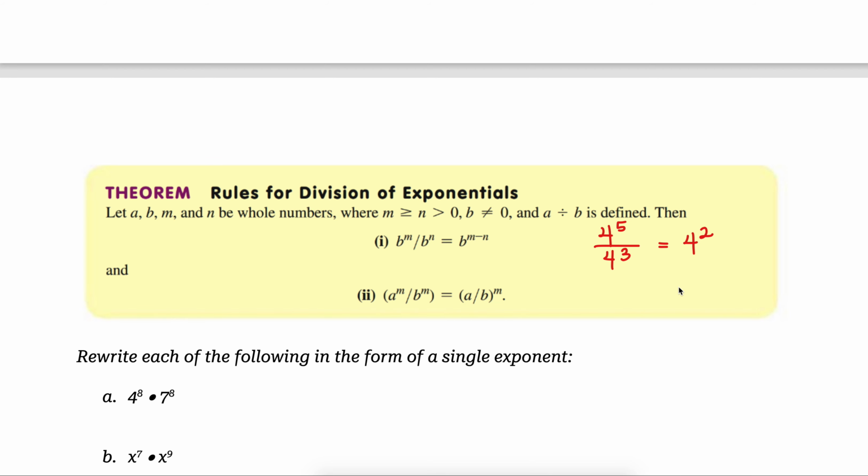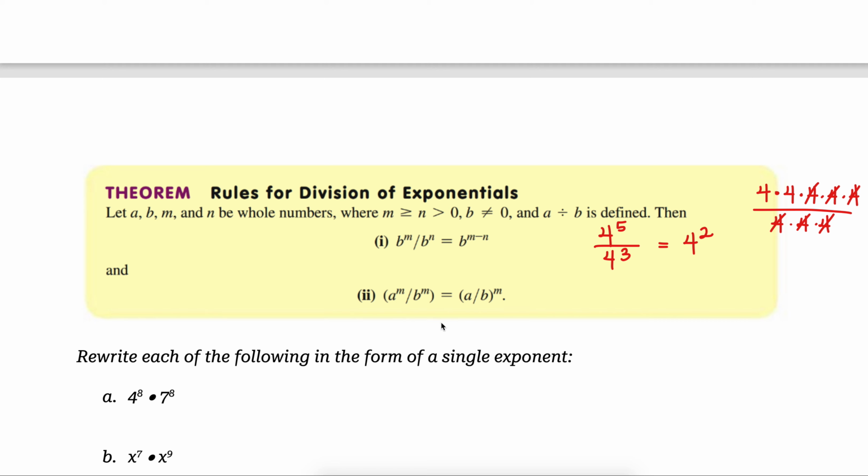We just subtract our exponents. And this should make sense as well if you were to write it out. Let's say I had 4 to the 5th divided by 4 to the 3rd. So some of these 4s are going to cancel out. What's left? 4 times 4, 4 to the 2nd.